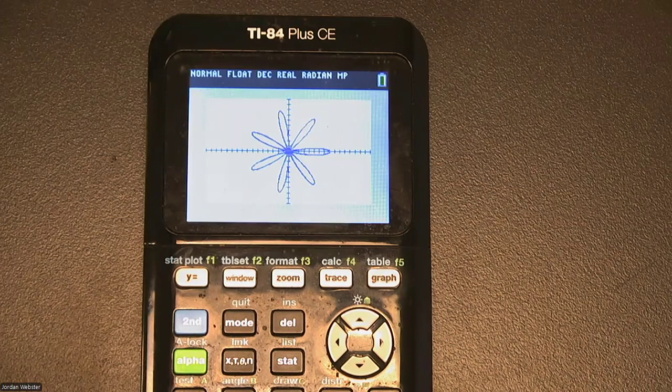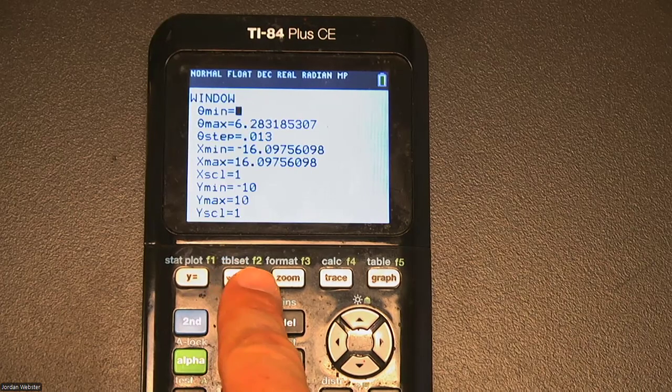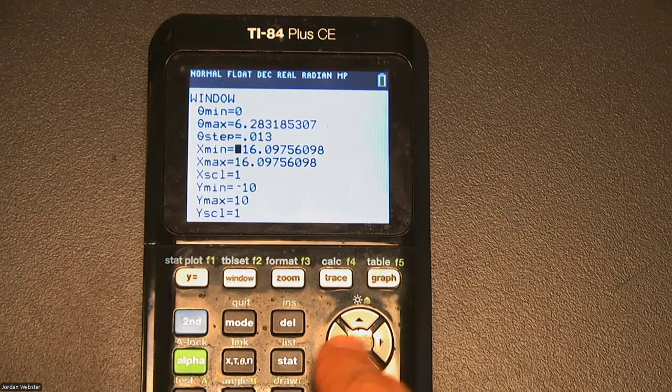So if your graph starts having these weird, straight line looking jumps, you might adjust the window so that the theta step is a little bit different.